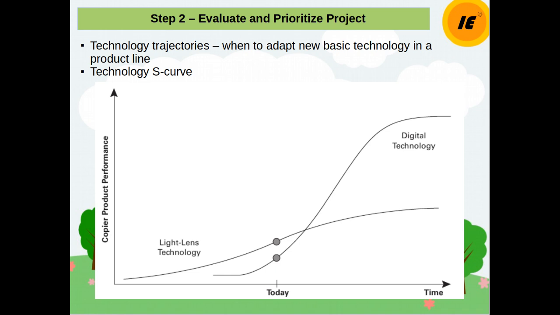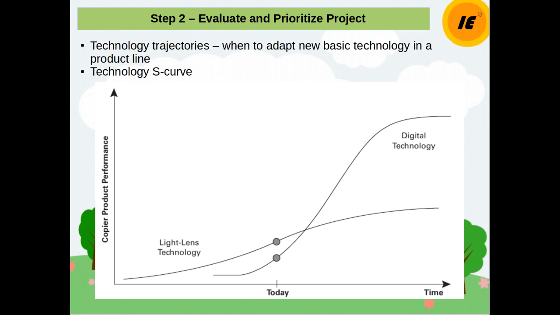The S-curve illustrates a basic but important concept. Technologies evolve from initial emergence, when performance is relatively low, through rapid growth in performance based on experience, and finally approach maturity when some natural technology limit is reached and the technology may become obsolete.